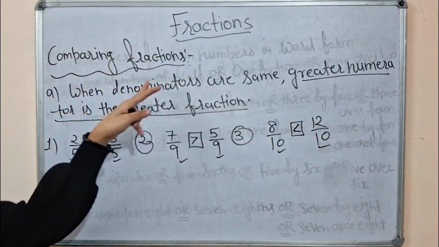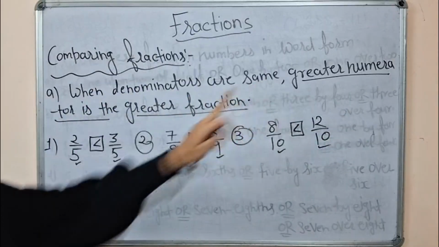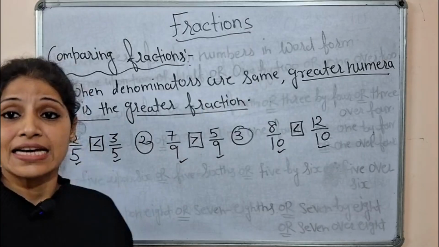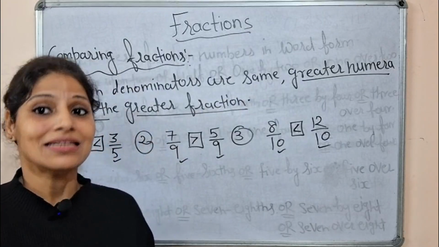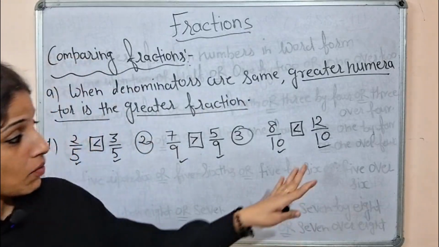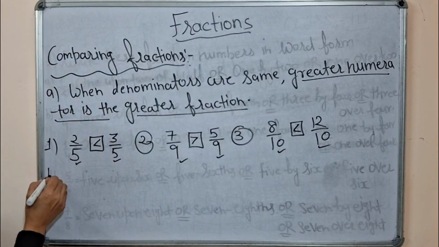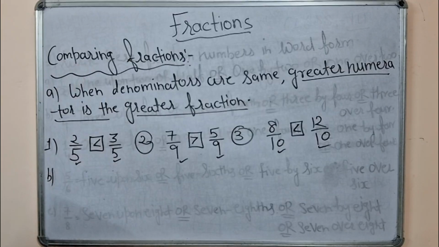So this is rule 1. Rule 1 has told you that you only need to compare your numerators and you can easily tell which fraction number is greater, correct? Now I'm moving on to rule number 2, and you can easily imagine what the rule is going to be. So I'm going to write it.